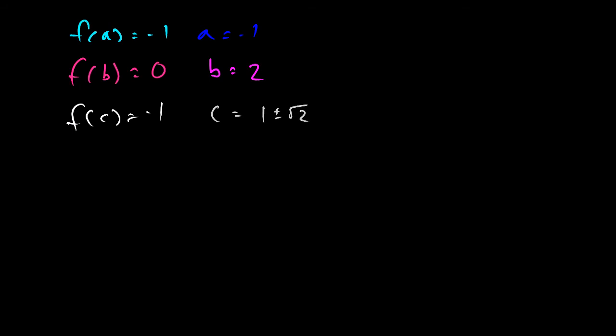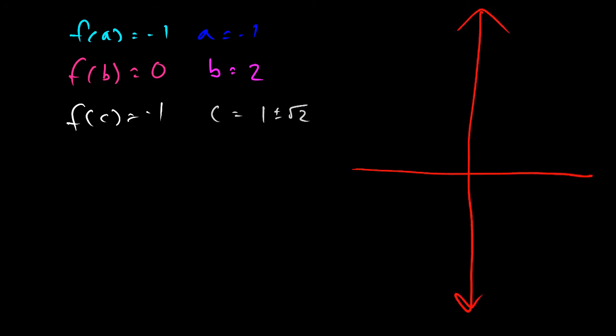Alright, so now let's look at a graph. So a was at -1, b was at 2, f of a was at -1, f of b was at 0.